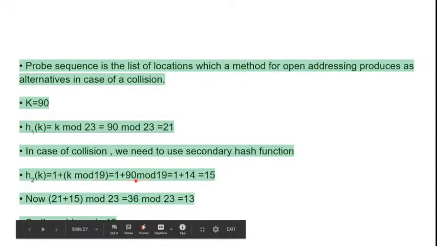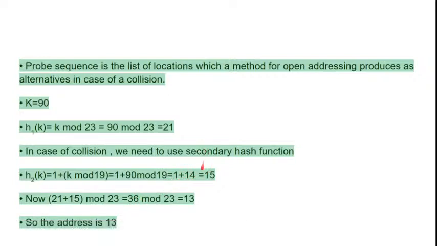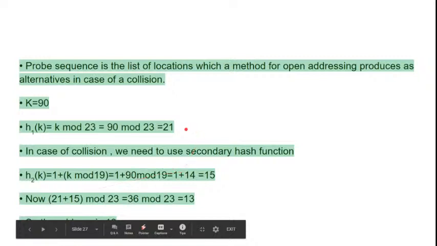So 1 plus 90 mod 19, and 90 mod 19 is 14, so that is 15. Now the 21 from the first hash function plus the secondary hash function 15, mod 23, that is 36 mod 23, and here you will get 13.